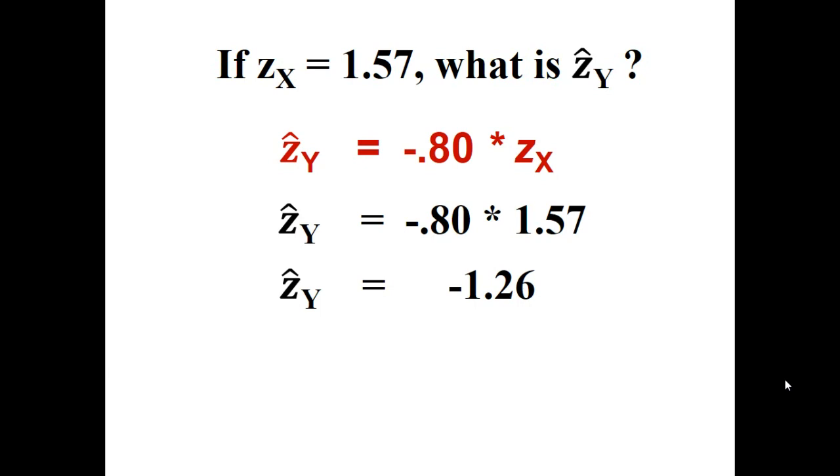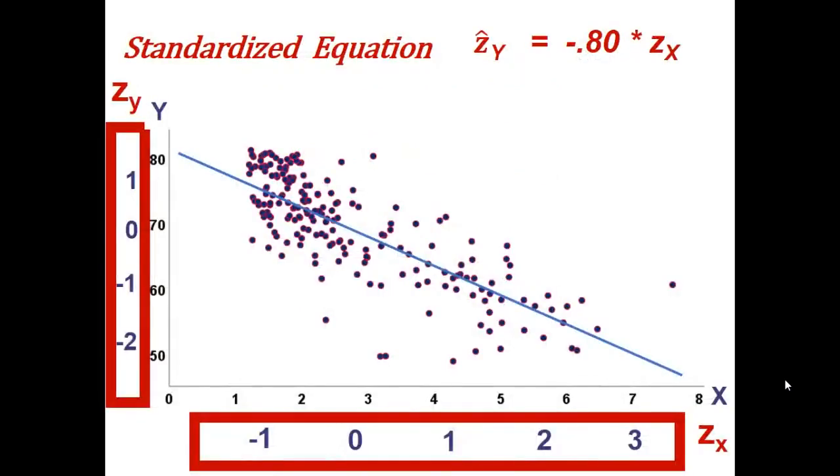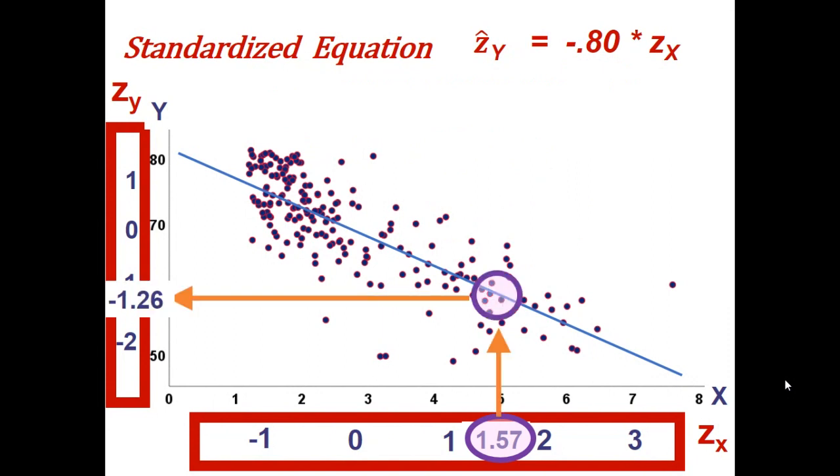And when we do the math, that gives us negative 1.26. Okay, now let's take a look at the prediction point. The z of x is 1.57. So the predicted z-score of y is negative 1.26.